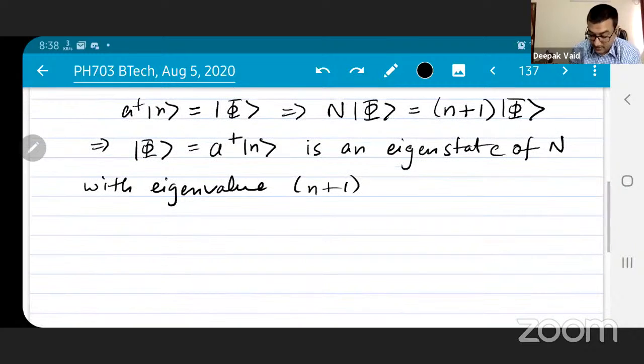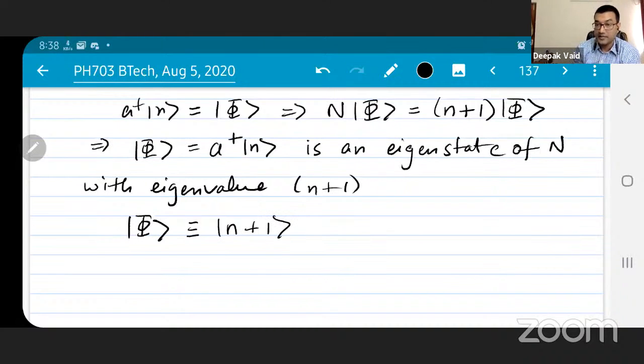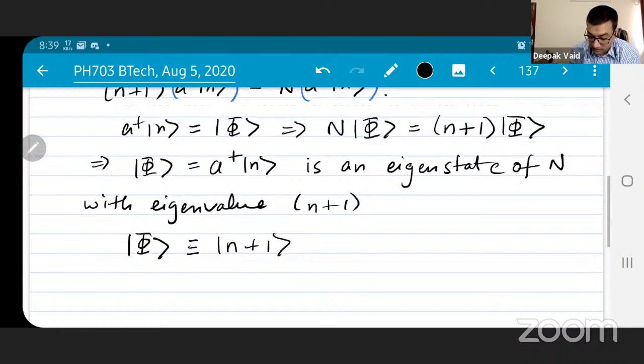So that means that phi is what? Phi is the same as this state, n plus 1. But it doesn't have to be equal to this state.